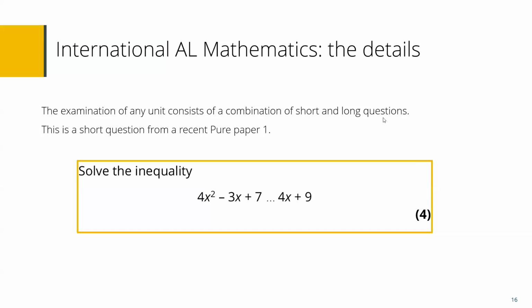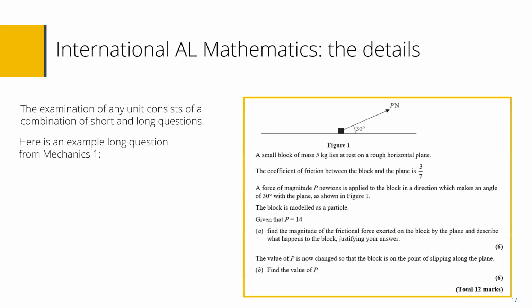And we put this on here as well because there are some issues to consider where students lose marks even though it's a short type of question. It's then about the working that they have to show to obtain those marks. And we'll touch upon more of this later on. A more lengthy question from recent papers is the next one here from mechanics.